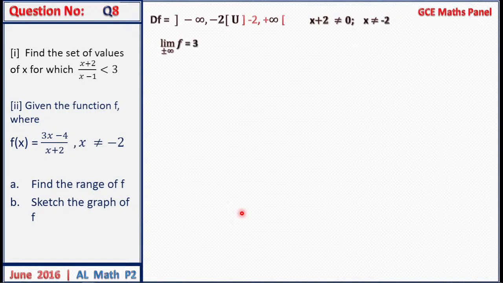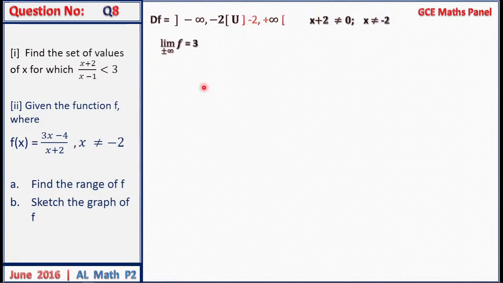The domain is the set of all real numbers excluding minus 2. As you can see here, it's actually written here, x should not be equal to minus 2. Now we have 4 bounds at this domain of definition. You have minus infinity, minus 2 from below and from above, and plus infinity.